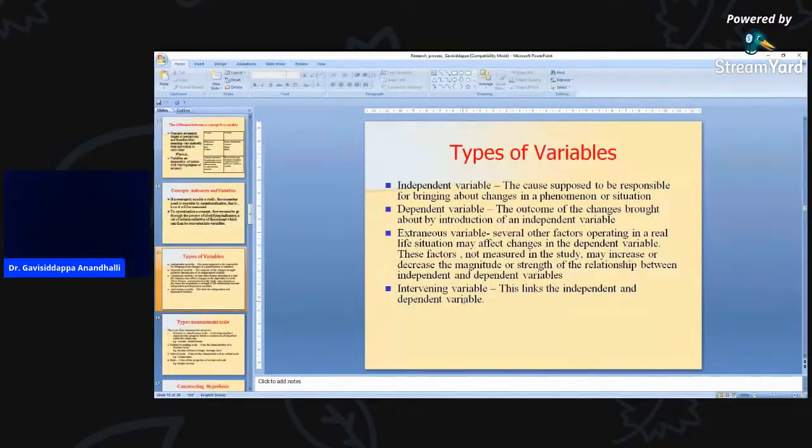So this way we can measure the effect, not directly, indirectly. So this way we can classify the dependent variable, independent variable, extraneous variable. They are also called cascading effect, we call it. Because of one, it is influencing the change in others.